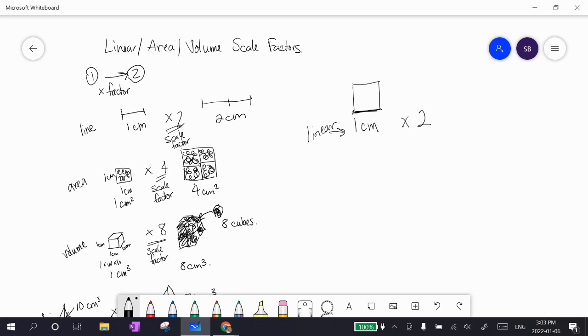So this side here is going to now be 2 centimeters. And this side, which is 1 centimeter, is going to be 2 centimeters.